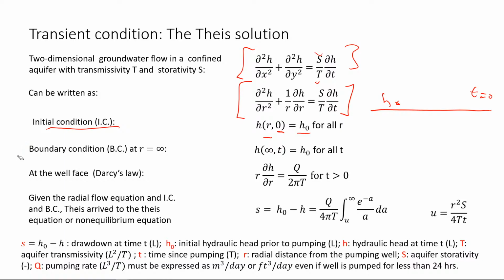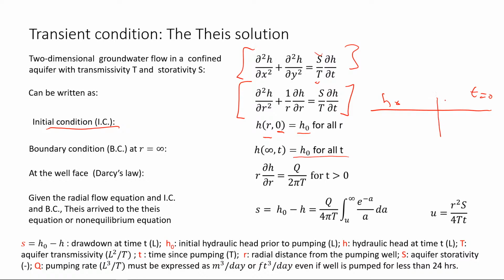For our boundary condition, we will assume that we have a boundary condition at r equal to infinity. So at r equal to infinity, at any t, we have h naught. We've seen this before.